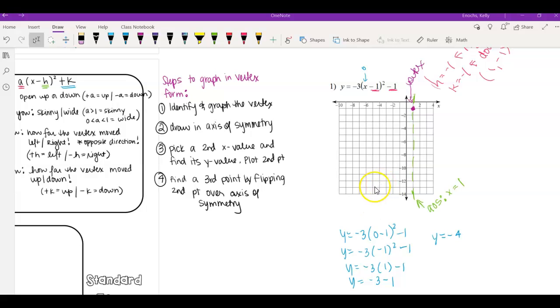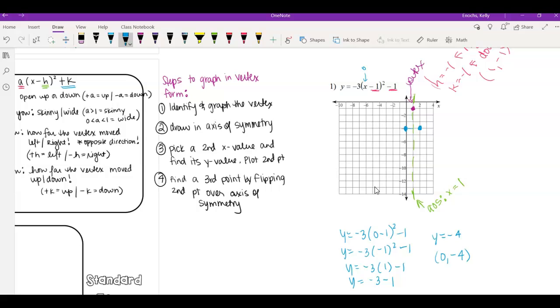So you can see all of that work down here, where if we plug in 0, we end up with -4. So that tells me that my next point is 0, comma, -4. So I'm going to go through on my graph, and I'm going to graph 0, comma, -4 as my second point. Then we're going to use that axis of symmetry as our reflection, or as the symmetric, and think about, okay, if it is one space away on this side, then its reflected point will be one space away on this side.